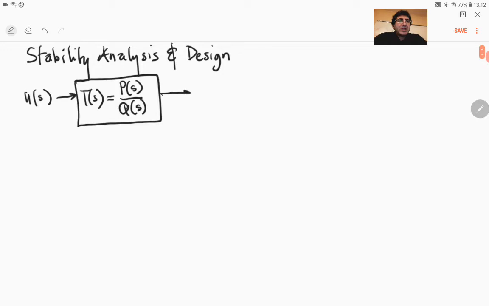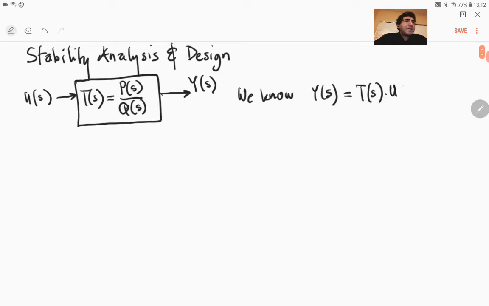And it actually generates an output y of s. So we have just specified in the frequency domain, we know that the transfer function concept is a frequency domain concept, okay? So what we know is that the output of this system is actually the product of this transfer function, which characterizes the system, times the Laplace transform of the input.